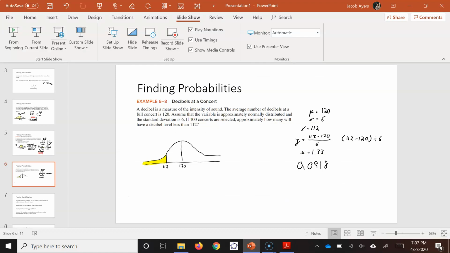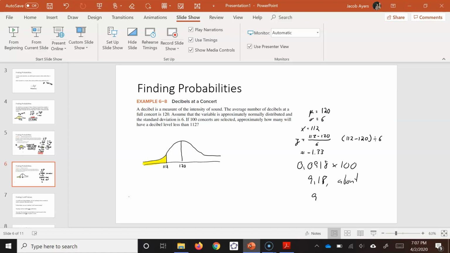So now it asks actually if we did it 100 times. So we'll just take that proportion, that probability, times 100, and we would expect it to happen 9.18. Oh, geez.